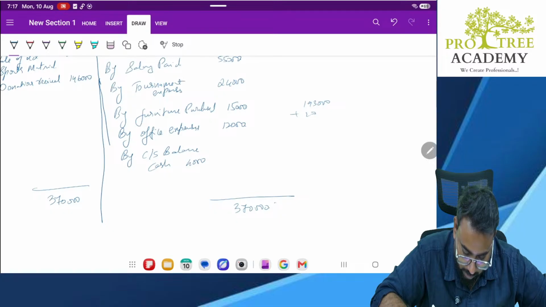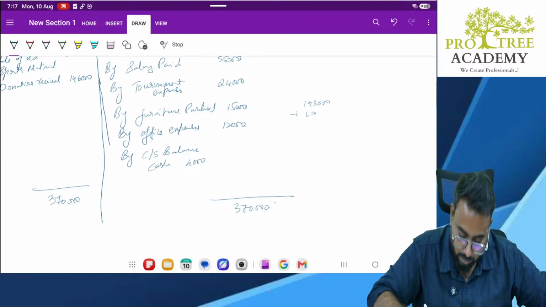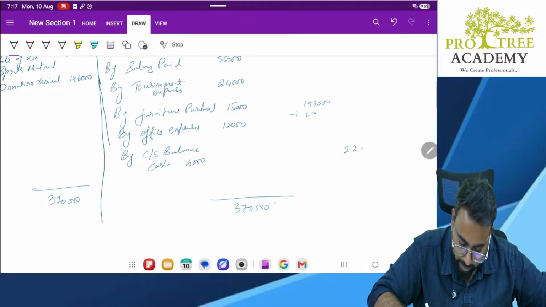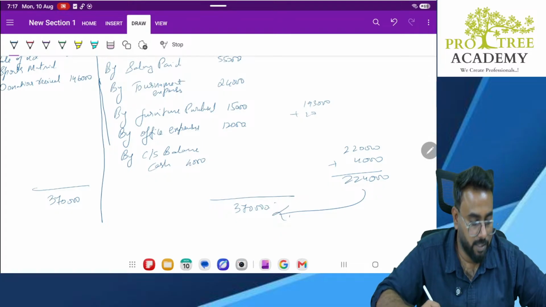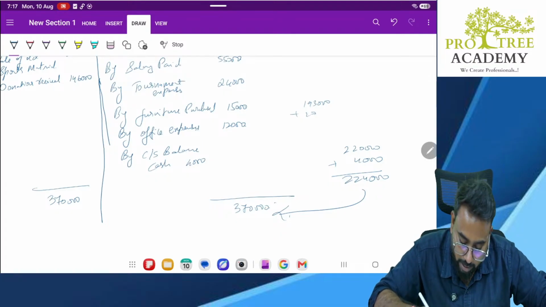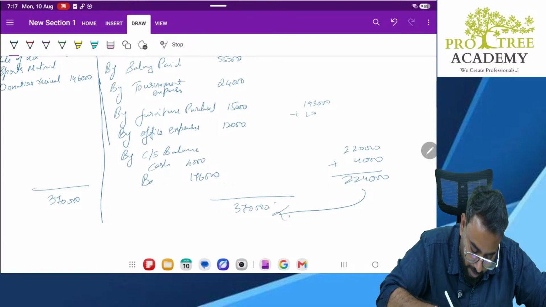2 lakh 13 plus 7, 2 lakh 20,000, 2 lakh 20 plus 4,000, total 2 lakh 24,000. Now 3 lakh 70,000 minus 2 lakh 24,000 will give you 1 lakh 46,000. That is your bank balance.